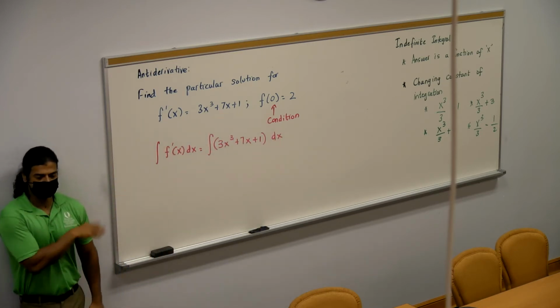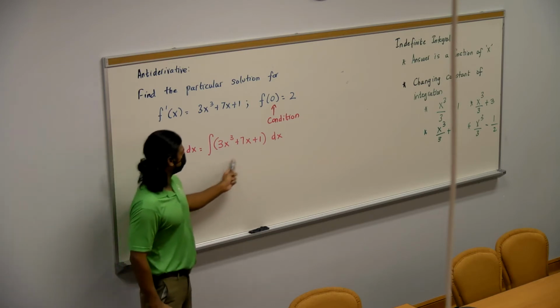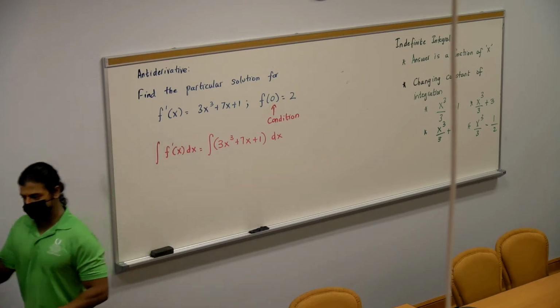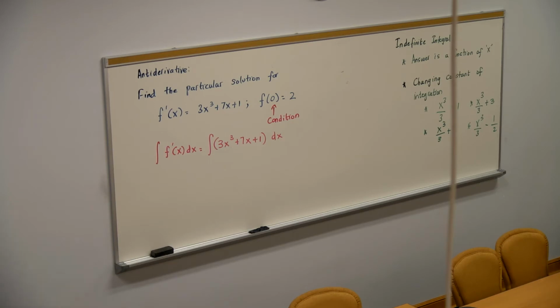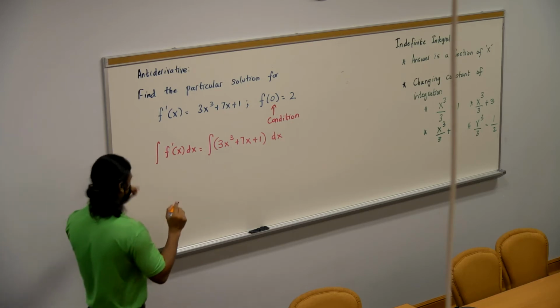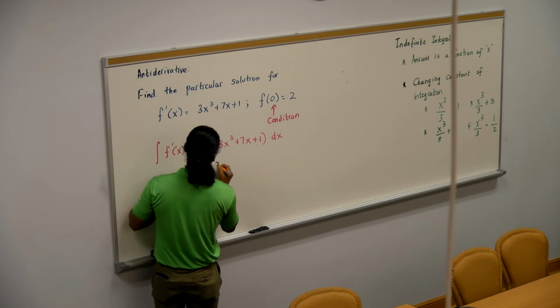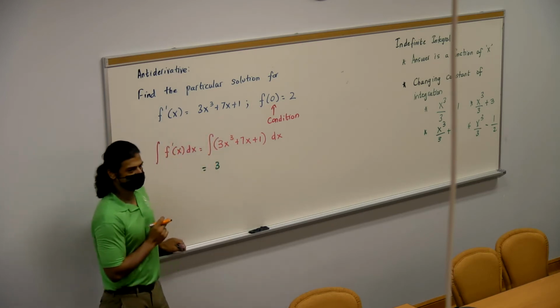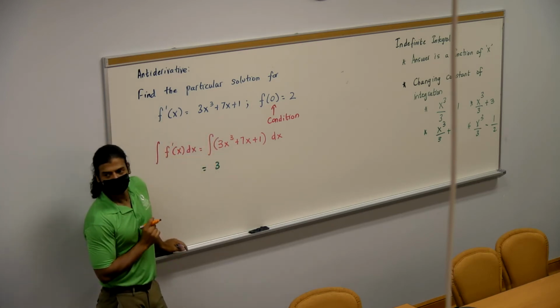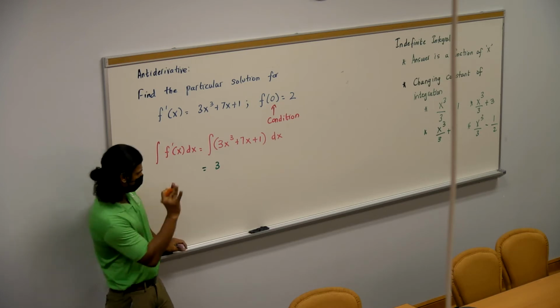Just like derivatives, you can distribute the integral into the expression and take the integral of each term. And earlier, I wrote the power rule. What is the value of n? 3.